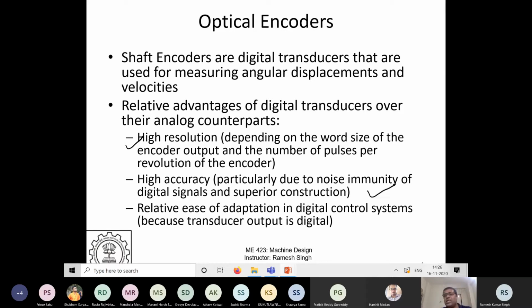Mostly now they're not analog, they're all digital, so they are highly immune to noise, and you get a good quality signal. And there is relative ease of adaptation in digital control systems. All the controls today are digital controls, so since you get a digital output from it, it's pretty good.